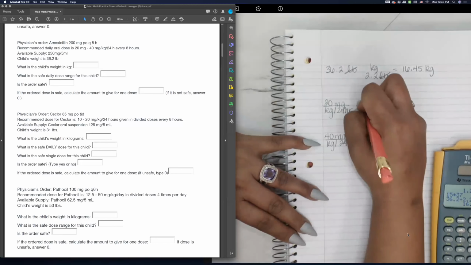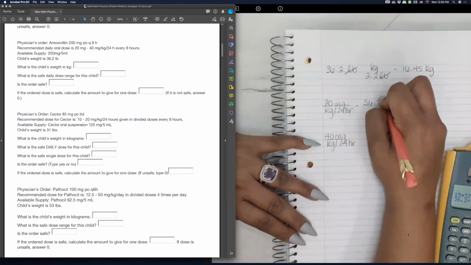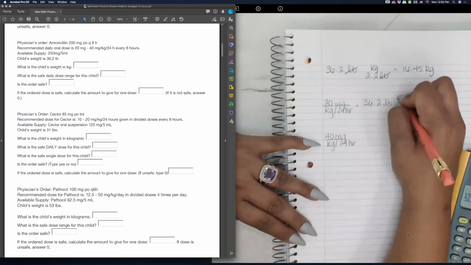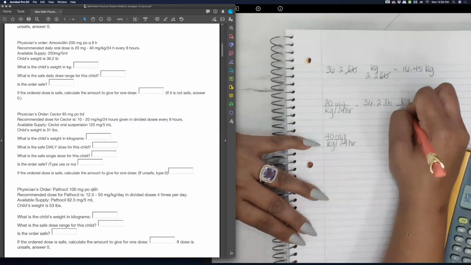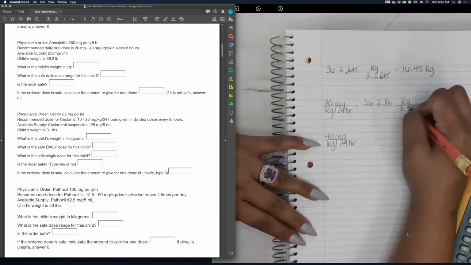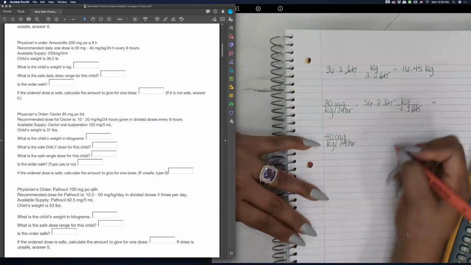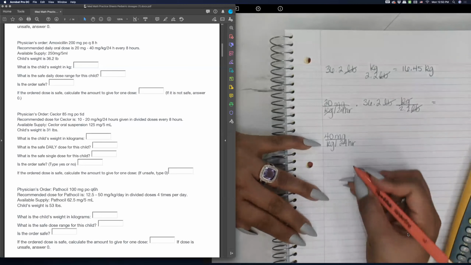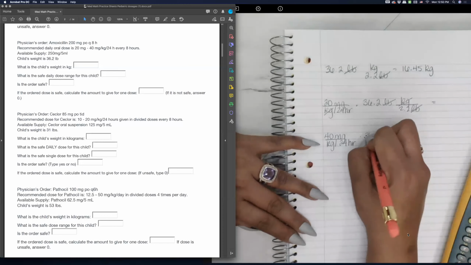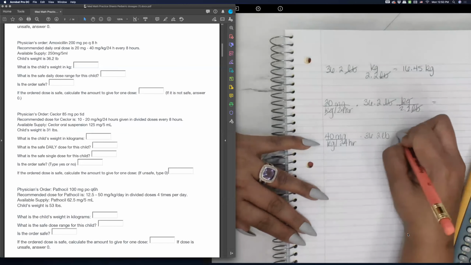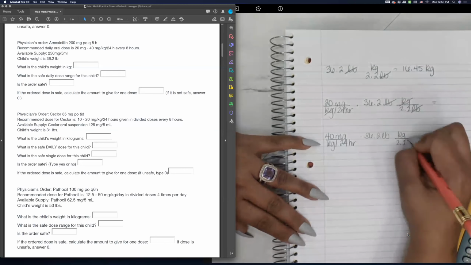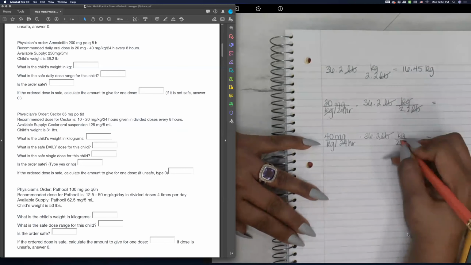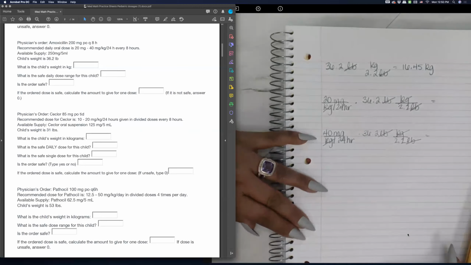We're going to do 36.2 pounds and 2.2 pounds per kilogram. Our pounds will cancel, our unit of kilograms will cancel. Let's set up our work on the next part. Our unit of pounds will cancel, our unit of kilograms will cancel.